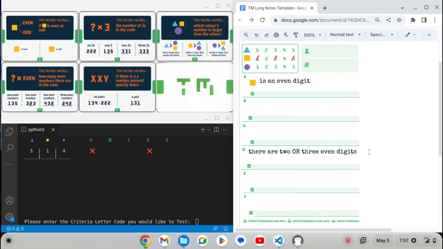All right. Now, since potentially we could have a pair if there are 2 or even 3 even digits, let's test criteria E and see, do we have a pair? Okay, so since my proposal is 314 and I have no repeated digits, and the Turing machine confirms that, that means that we do not have a pair.